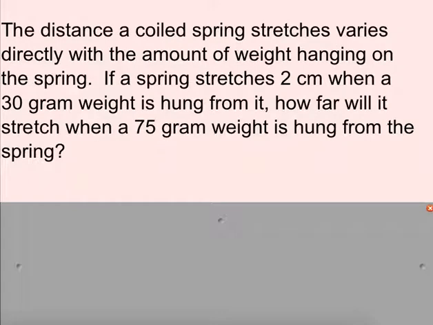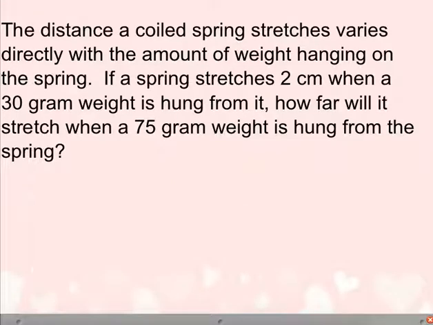All right, the distance a coiled spring stretches varies directly with the amount of weight hanging on the spring. If a spring stretches 2 centimeters when a 30-gram weight is hung from it, how far will it stretch when a 75-gram weight is hung from the spring? So let's find the constant, and in this case we do have direct variation, because with 0 amount of weight, we will stretch 0 amount.